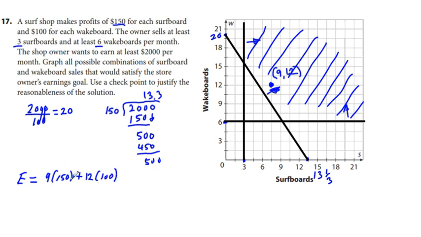And so 9 times 150, let's see, 10 times 150 is $1,500, and 9 is going to be 150 less than that, so we get $1,350 plus 1,200, and that's going to be equal to $2,550, which is certainly greater than or equal to $2,000. So that checks out as a reasonable solution. So there it is.